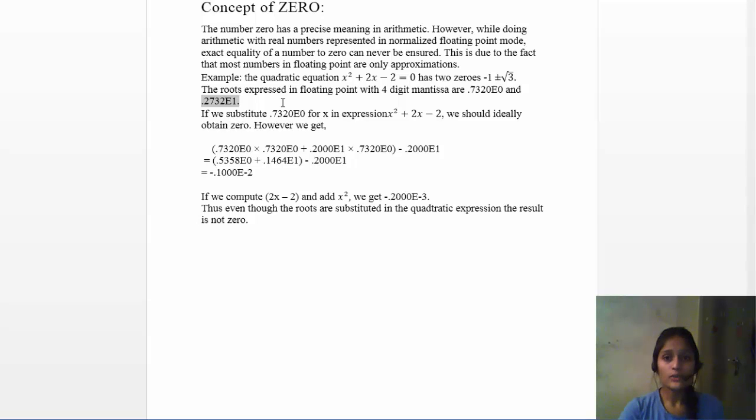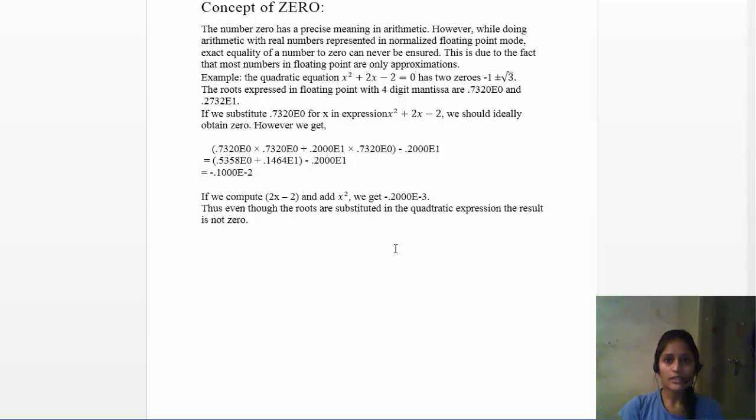So when we try to substitute these roots in the actual equation and find the answer, we end up with some strange values which are not the actual values we were expecting. No matter what order we take for solving the equation, it always results in strange values.